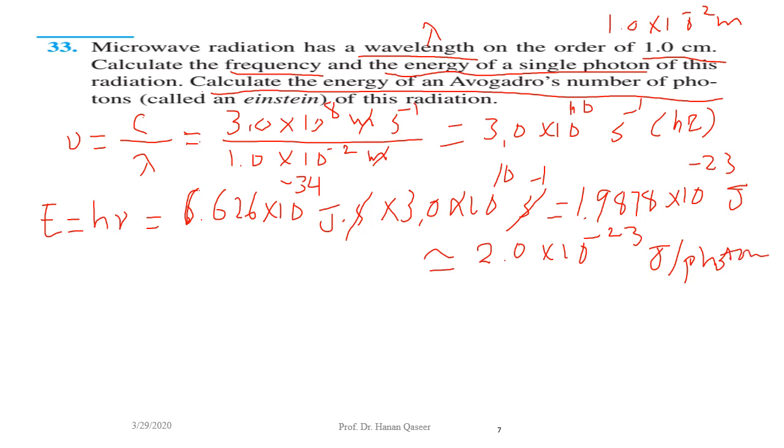Now, to calculate the energy of Avogadro's number, we need to multiply the energy per photon by Avogadro's number.